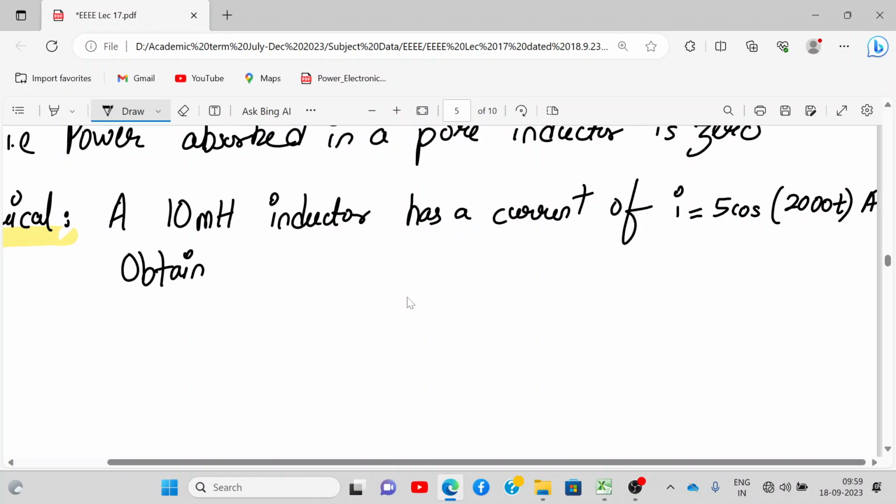Find the voltage VL across it. VL is the voltage across the inductor, right?